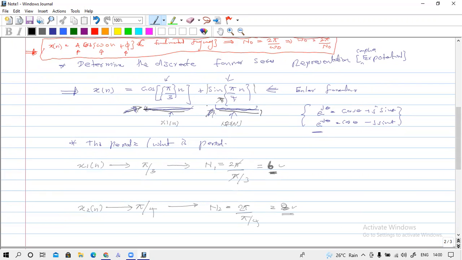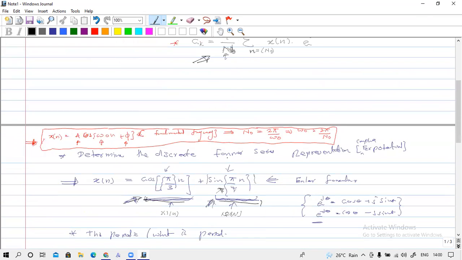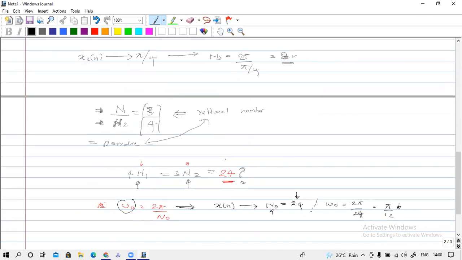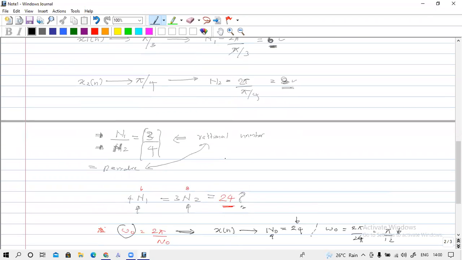So rather than going through our principal approach, that means this approach, you can use this approach, no issue, but you have to do some calculation and many things here. But if cosine and sine signals are there, you can directly find this. So how can you find this?